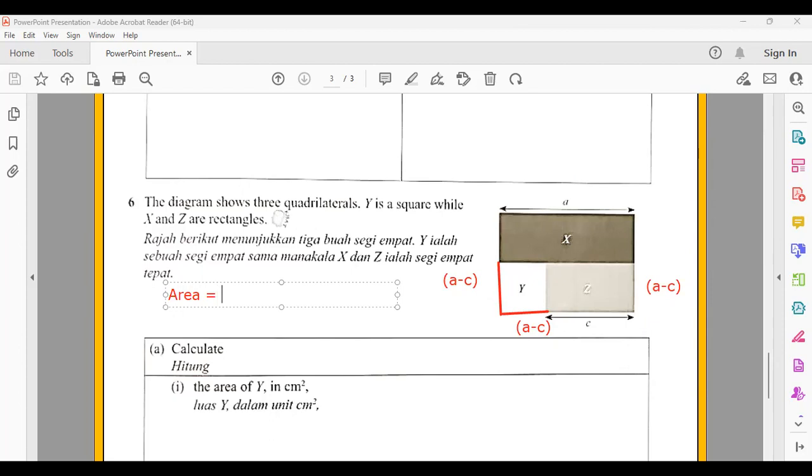Area is equal to A minus C squared. The first one, A minus C squared, that's for the first one for Y. Plus C times A minus C. That's your main formula. Then you open up, you simplify, you put back all together, and that's your answer.